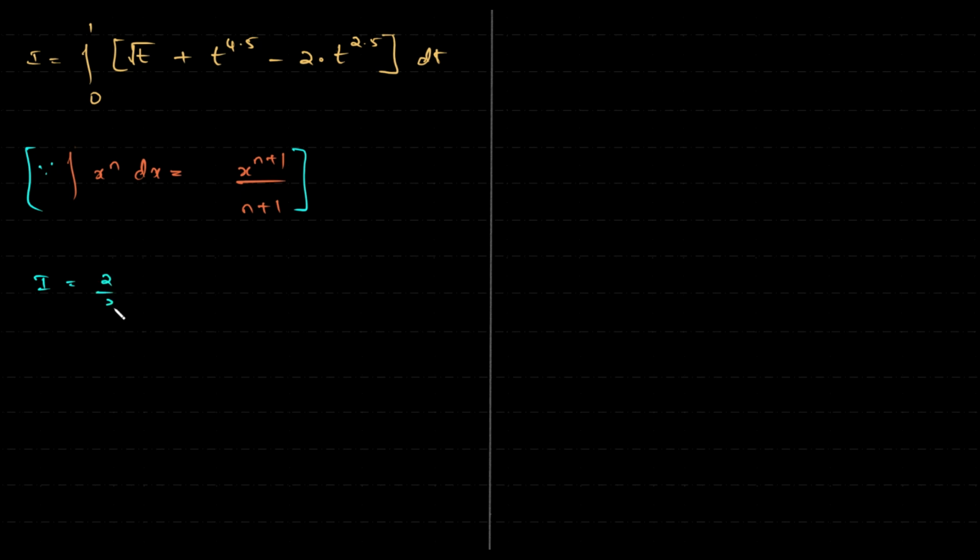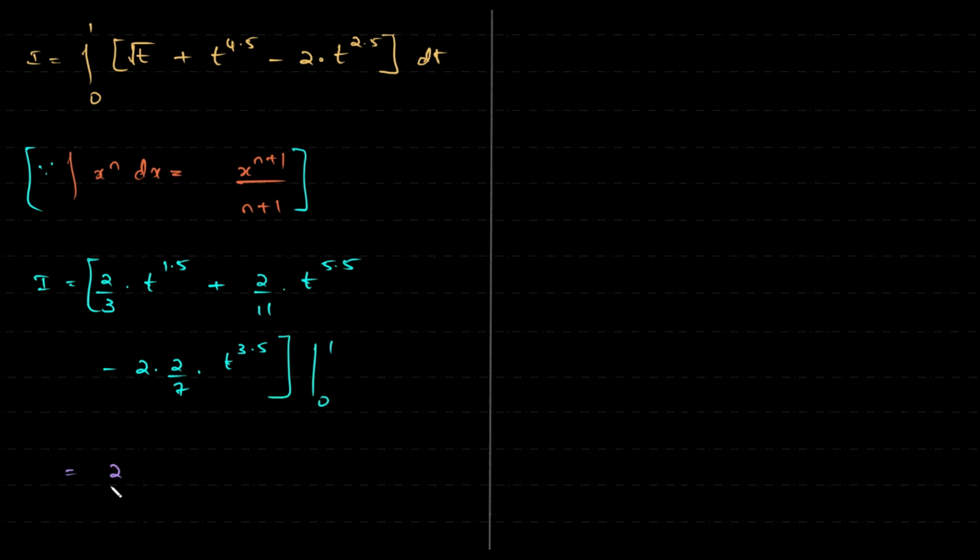That is 2 by 3 into t to the power of 1.5. 1.5 is 3 by 2, so I have to invert it, because it has to come in the denominator. Again, try to understand and do it in your head, that's going to help. So this is 2 by 11 t to the power of 5.5 minus 2 into t to the power of 3.5, that is 7 by 2, so it is 2 by 7, into t to the power of 3.5, and all in all we need to substitute 0 to 1.